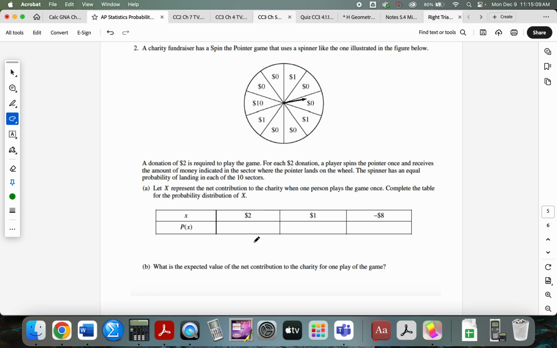Okay. So the probability that you're going to end up donating $2 is going to be if you spin what on this wheel? Once. Every time, you get a 4? Or you get a 4? No, your net contribution. Oh. It'd be 4, but there's no 4 in there. Where are you getting 4 from? Because if you lose $2, but then you gain.